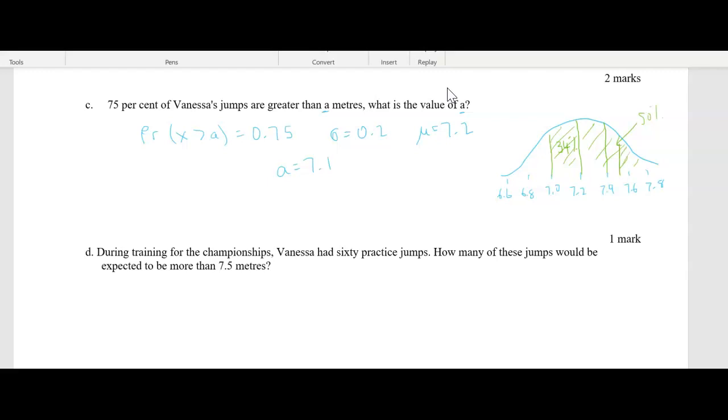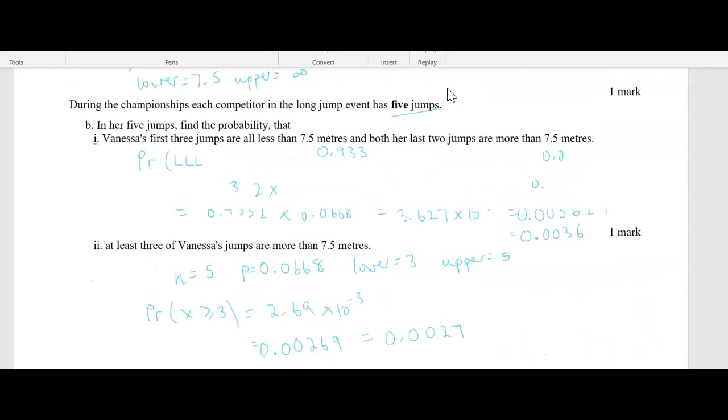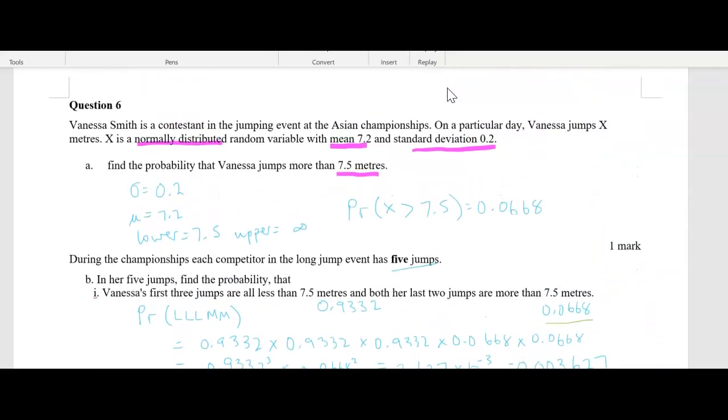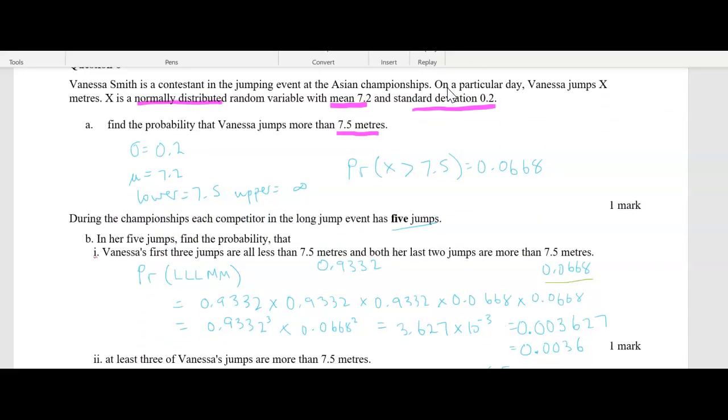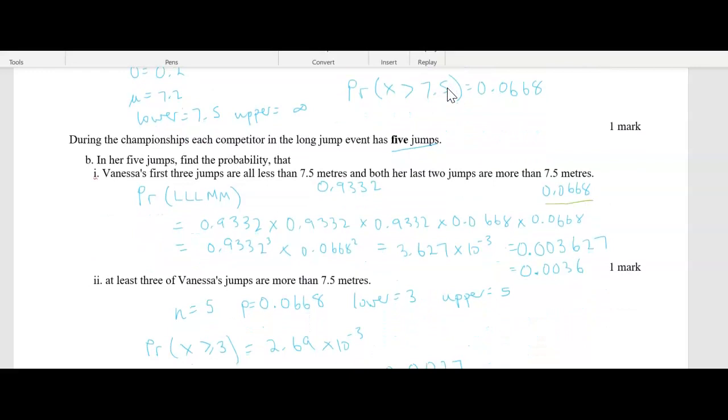So we're just looking at this area here. So it does make sense that it would be 0.0668, because if I was to do it as a percentage, that would be around 6%.